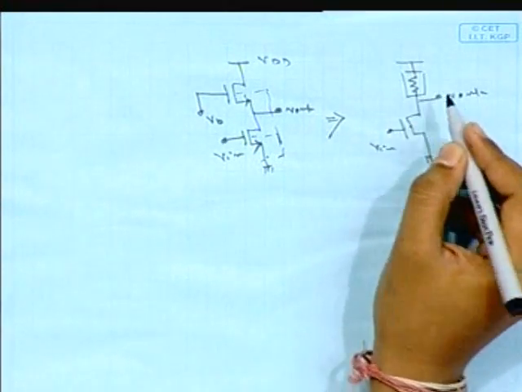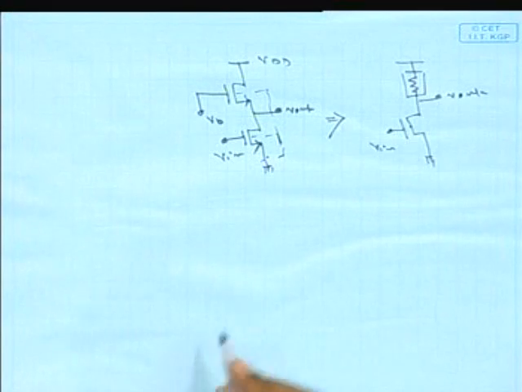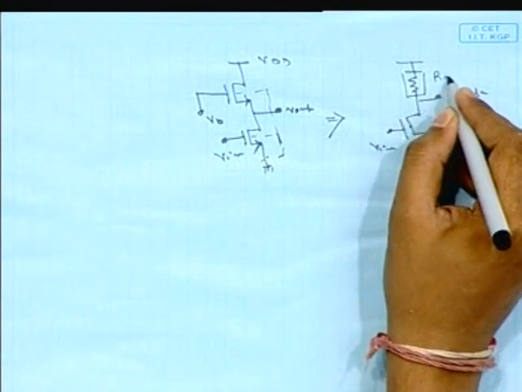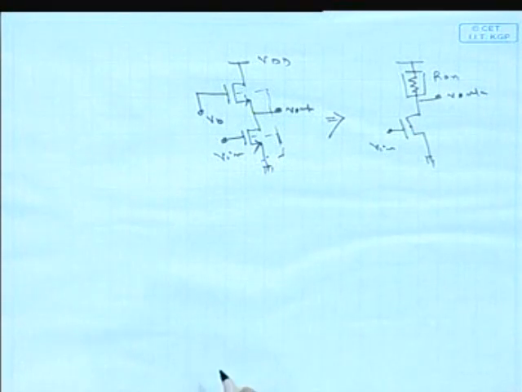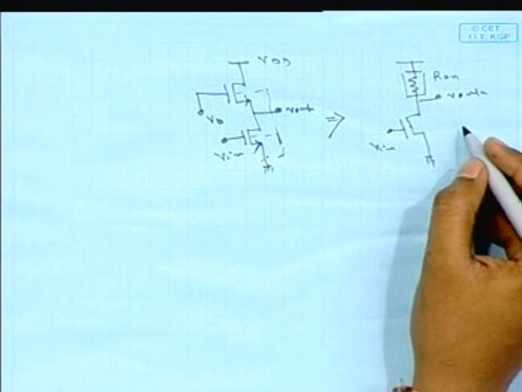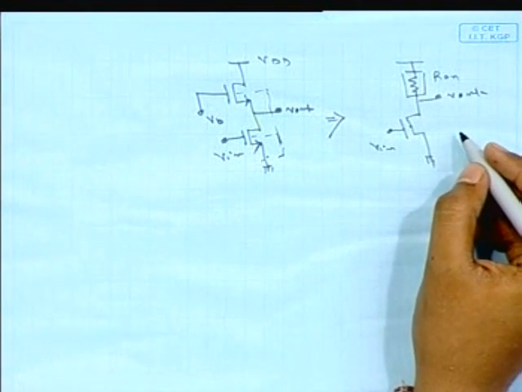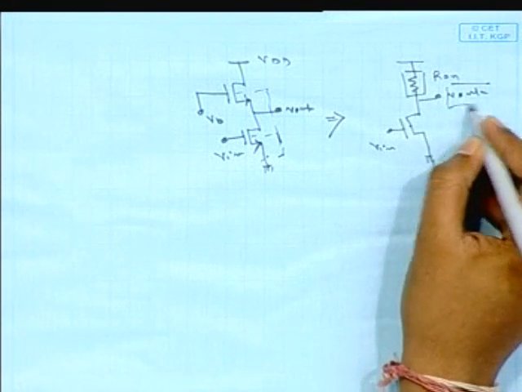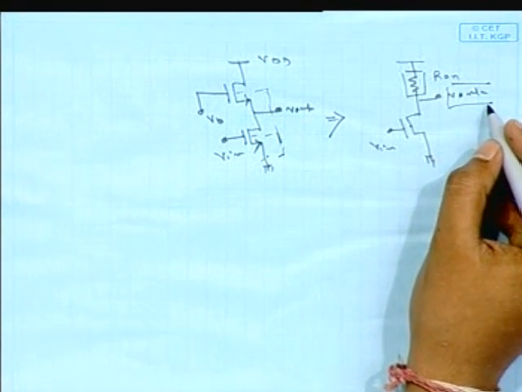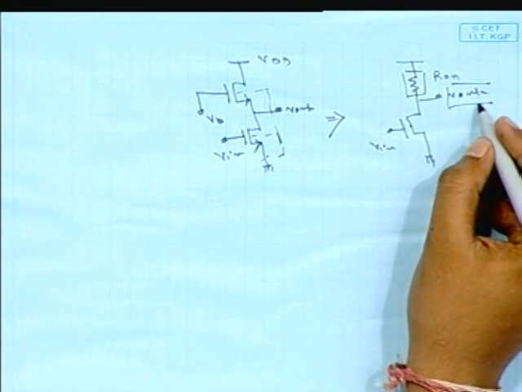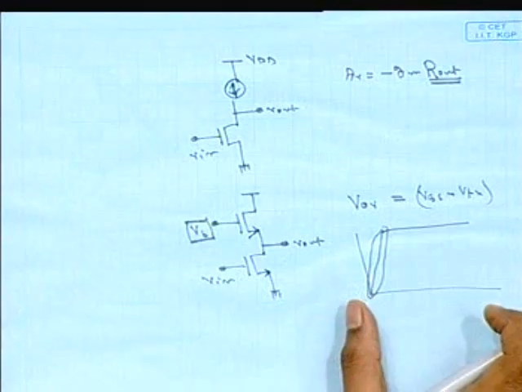I have already said, whenever the MOS is in the triode region, this is nothing but the on resistance of a particular switch, and it is constant throughout the operation, because this is dependent only on delta ID by delta VDS with VGS equal to constant. And for that case, for any value of V out, R on will not change. But in the previous case, that is the current source case, the load is not constant.